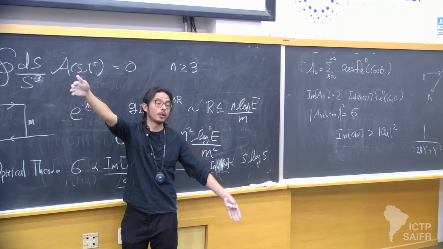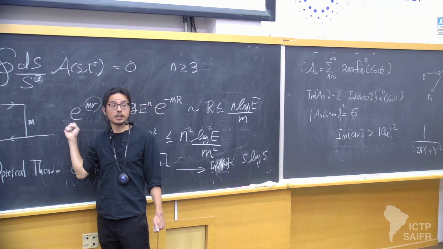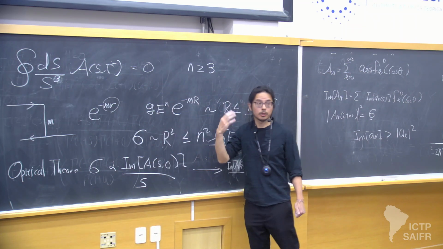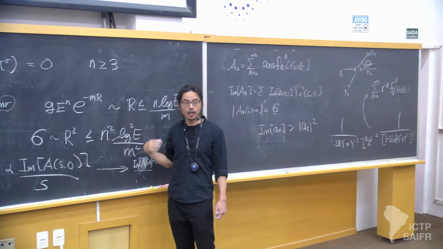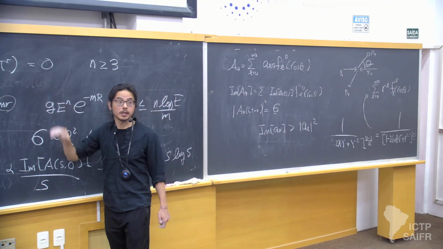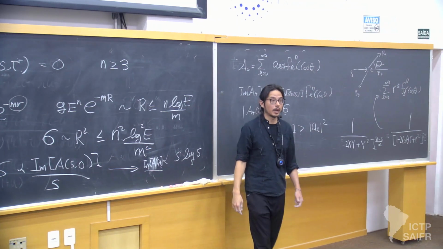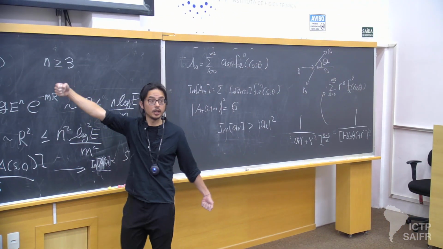So you can import the information of GR to control the behavior of your high-spin partial waves, and then you can also deduce similar bounds, the s squared bound. So for gravity, we can establish an s squared bound even though the Froissart argument doesn't work, because you know the long range is just GR.